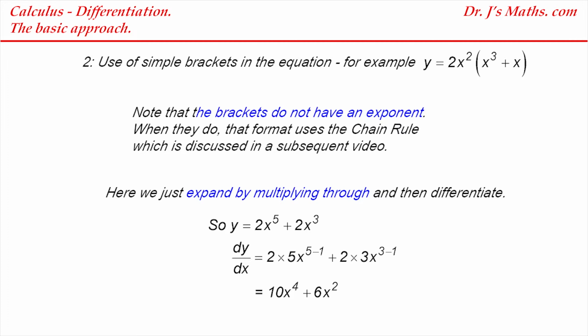Now we do our normal thing. dy dx equals, rewrite the 2 because it's a decoration, bring the 5 index down to the front, so it's 2 times 5, rewrite the x, take 1 off the index, 5 minus 1, plus, second term, rewrite the 2, bring the index down the front, rewrite the x, take 1 off, 3 minus 1, tidy up, 2 times 5 is 10x to the fourth, plus 2 times 3, 6x squared. Nice and straightforward every time. Get the rhythm.